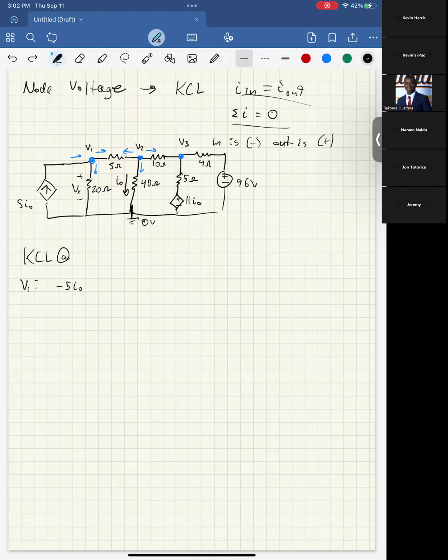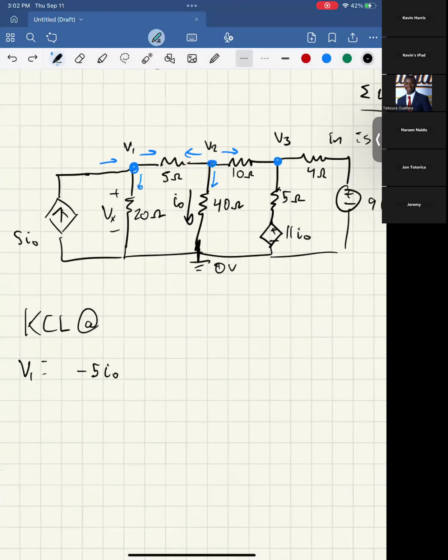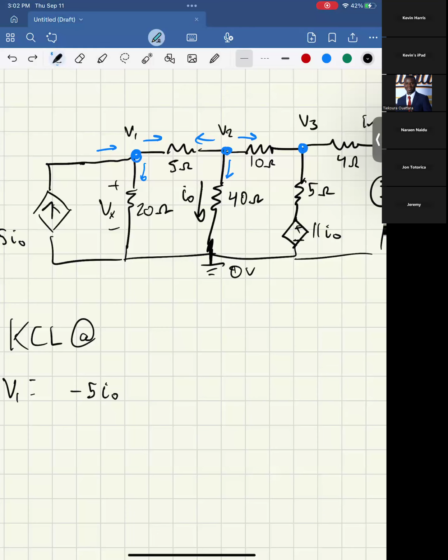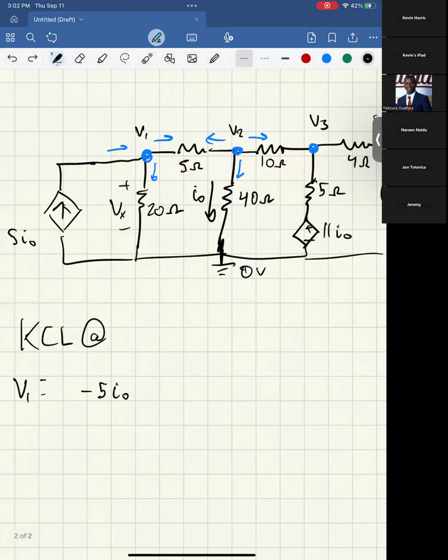So for V1, we have minus 5 I naught going into the left, and then down, since it's out, it's positive, and the voltage here is just going to be V equals IR. This goes to I equals V over R, and in this case, V is going to be your V1 minus whatever that other node is, over the resistance, because we have a voltage difference between here and here.